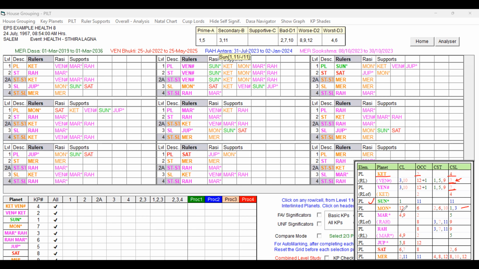Suppose Moon is in the star of a favorable key planet, the Moon's unfavorable will get reduced. Suppose any planet in the sub of that Moon is unfavorable, this Moon's unfavorable will support that unfavorable. Anyway, because of the grouping, the Moon has some unfavorable grouping strongly. And Mars is 4th lord, 9th lord.